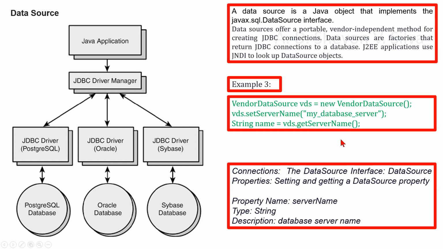Furthermore, the object that the client manipulates can be a wrapper that only implements the DataSource interface. The setter and getter methods for the properties need not be exposed to the client. Management tools that need to manipulate the properties of a data source implementation can access those properties using introspection.